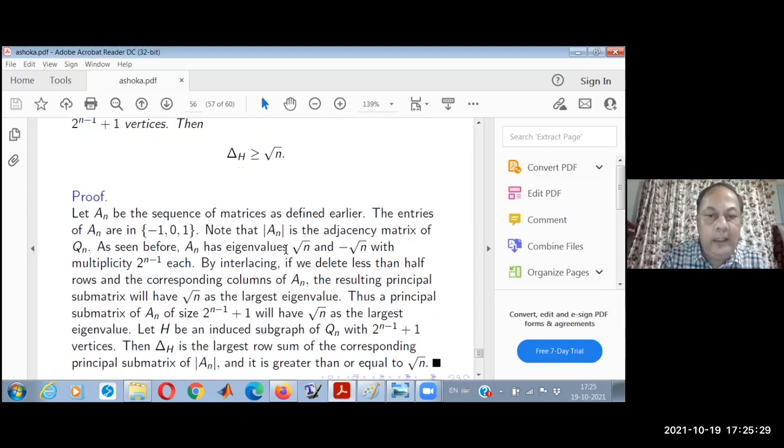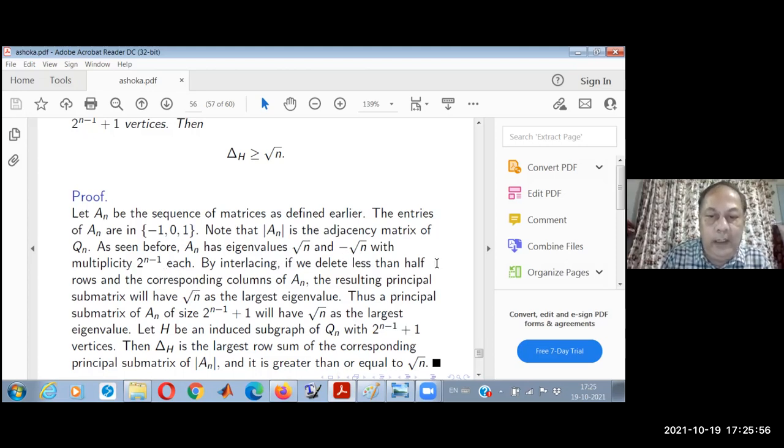So if I delete a small number of edges, then by interlacing the largest eigenvalue will remain intact. If you take the hypercube and the signed adjacency matrix, and delete only one row and column, by interlacing, √n is going to remain the largest eigenvalue. You can go up to half the number because the multiplicities are half.